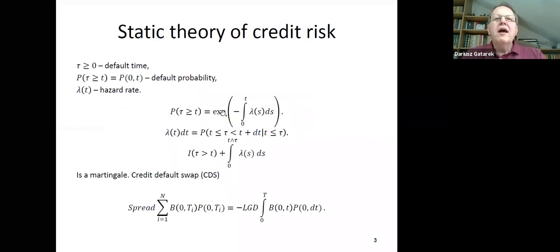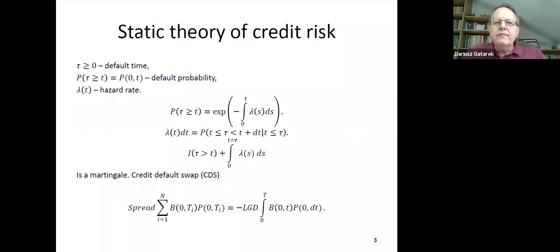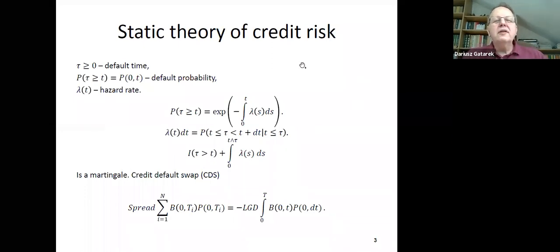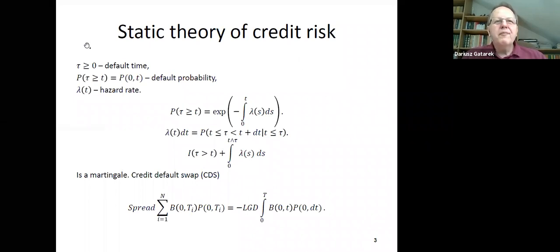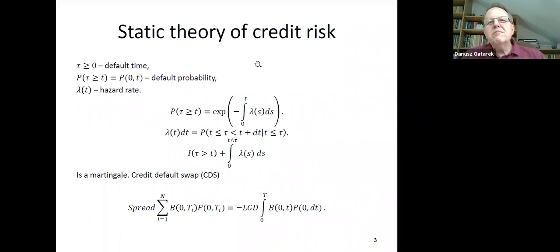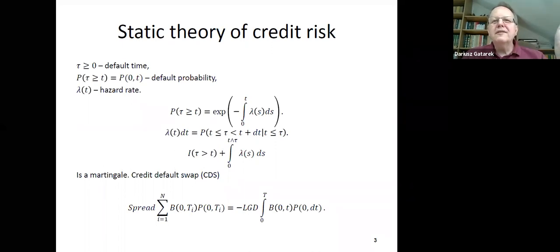Okay, so what is, from a mathematical point of view, credit risk? Credit risk is a theory of a stopping time, so of positive random variables. Something exists and then stops to exist, or still exists, but something is changed.